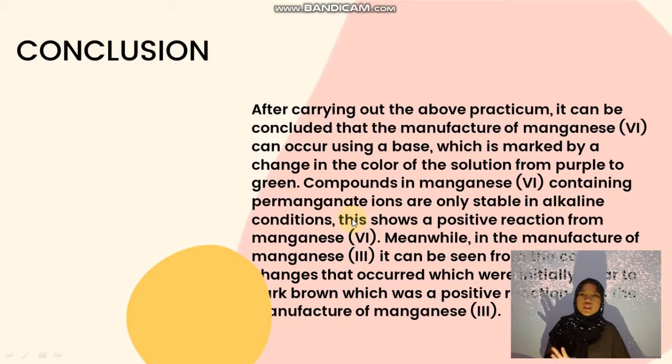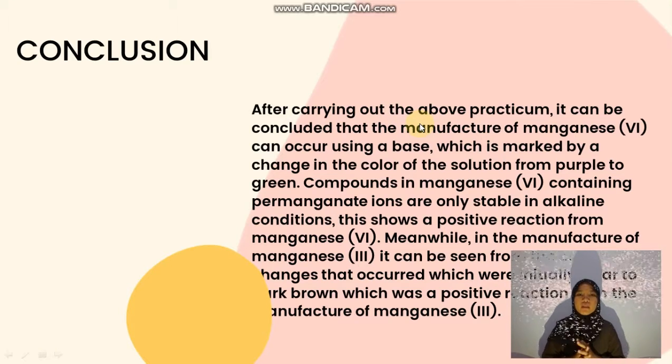So the conclusion is, after carrying out the above practicum, it can be concluded that the manufacture of manganese 6 can occur using a base, which is marked by a change in the color of the solution from purple to green. Compounds in manganese 6 containing permanganate ions are only stable in alkaline conditions.